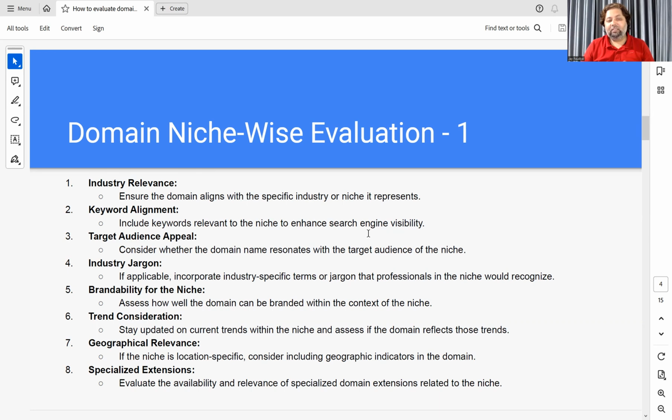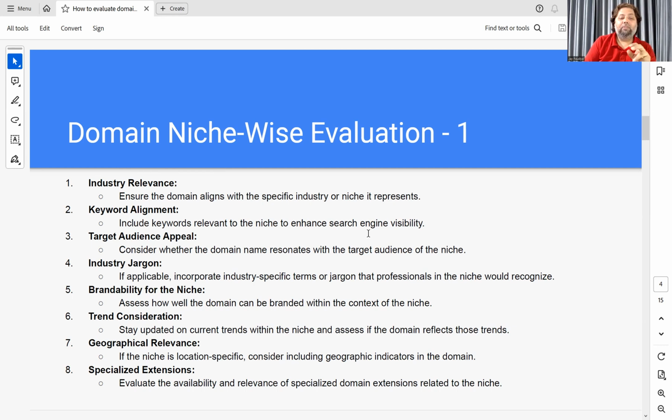And industry jargon should also be there. In case a domain is targeting professionals from a particular industry, like the medical industry, like ortho. Ortho is a jargon which medical industry people use professionally. It should have that jargon.